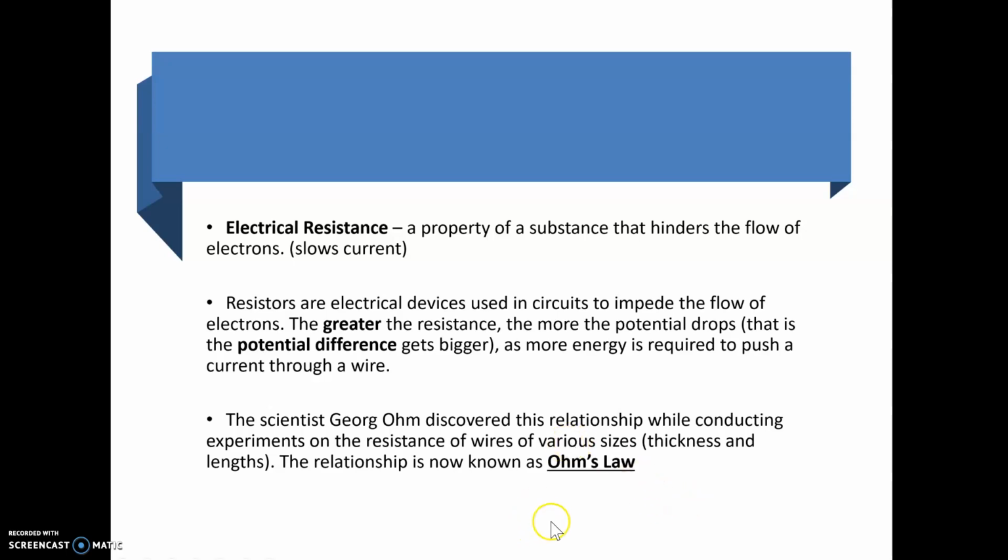The famous scientist Georg Simon Ohm lived between 1789 and 1854.